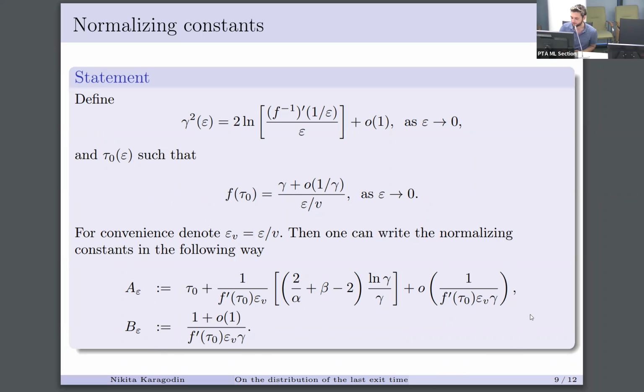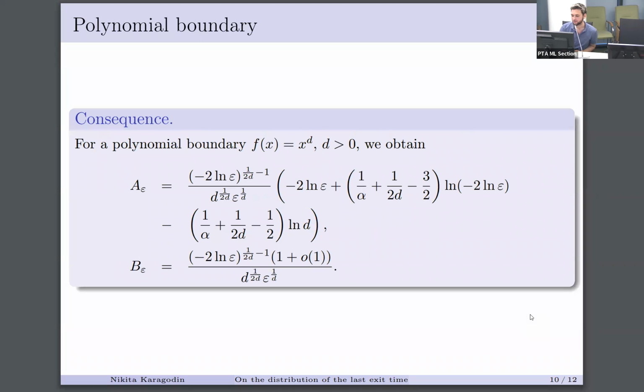If you take a particular boundary, for instance a polynomial one, you can write down all the results and get the exact formula for A epsilon and B epsilon. You can find them here.